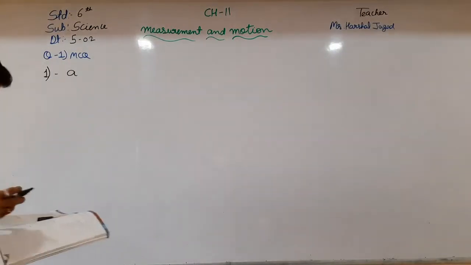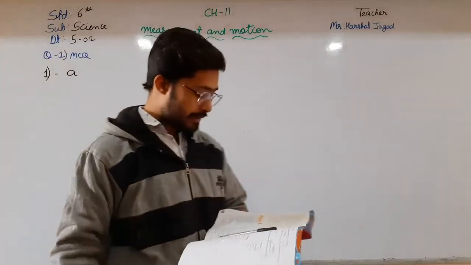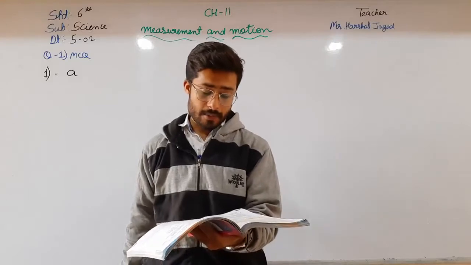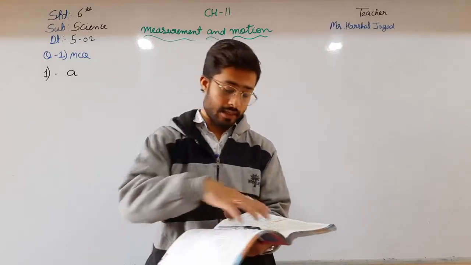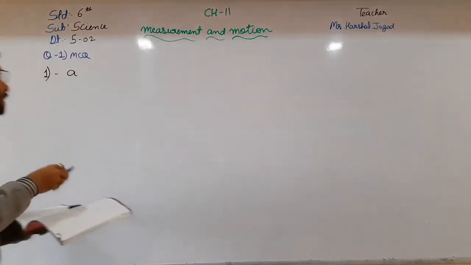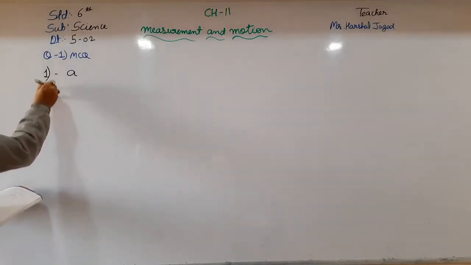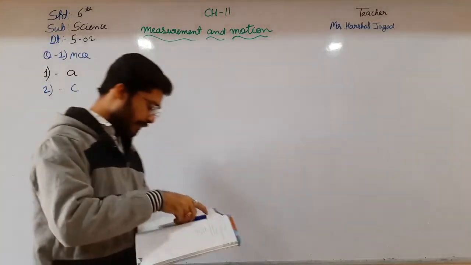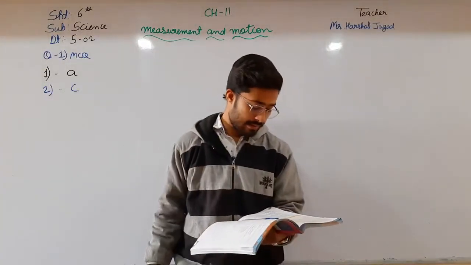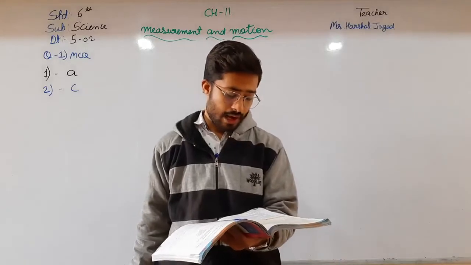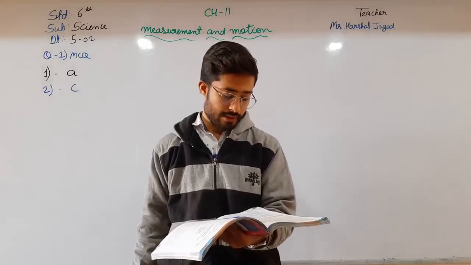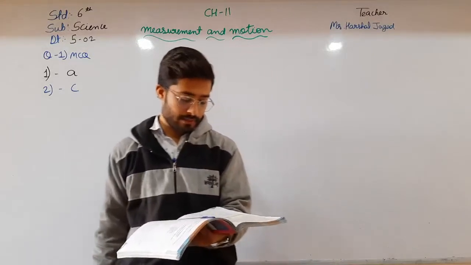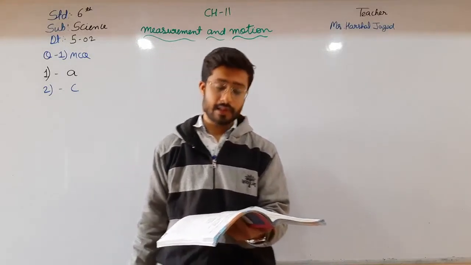Second one: this is not a standard unit, inch, meter, handspan or centimeter. So here it will be handspan. Second one is C, handspan. Then third one: this is not a reliable measurement. Measurement based on body parts, measurement using a ruler, a meter scale, or a measuring tape.